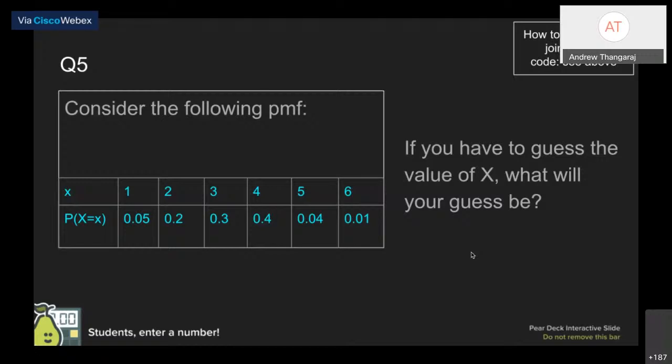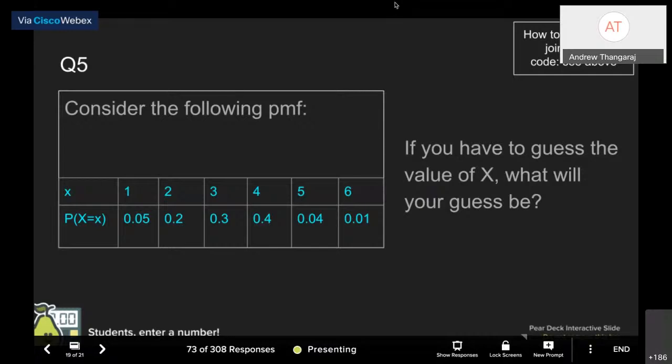Sometimes there'll be a question and then 100 questions should come to you before answering it. It's not enough to just ask this question. Let me give a couple more minutes and then see what the most popular answer was. It's just based on the PMF, if you have to guess the value of x that may happen.